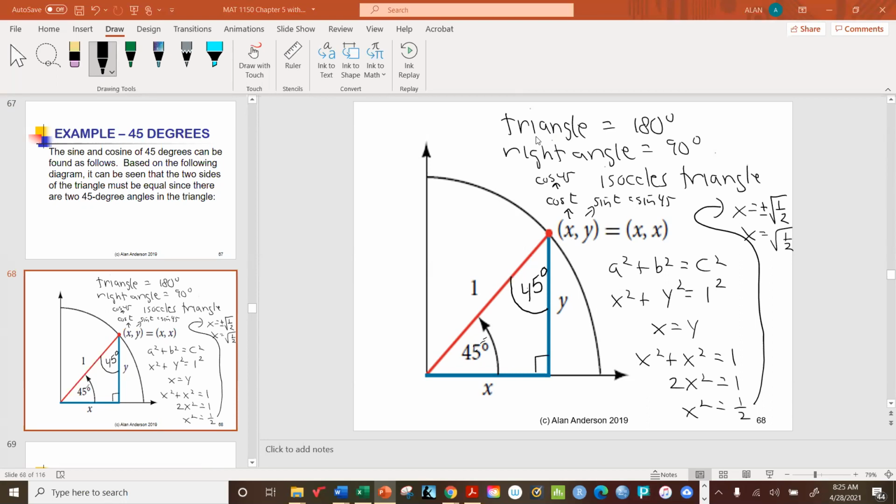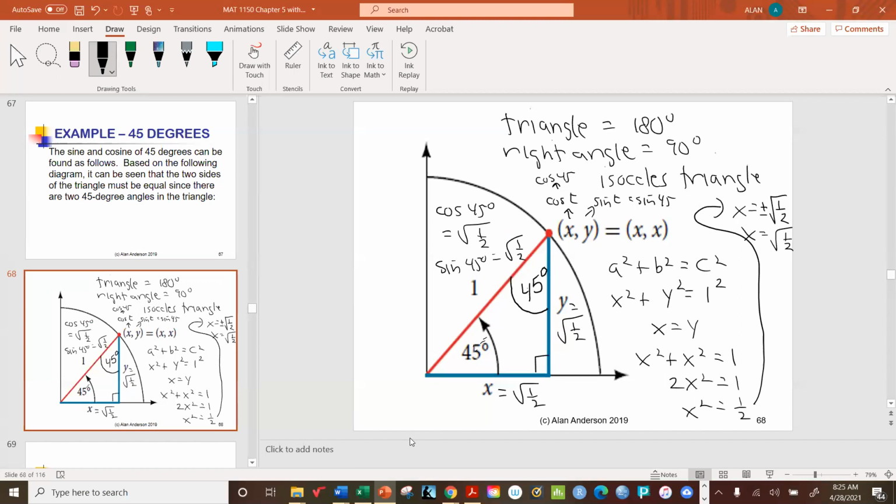Okay, so where's this all going? Well, that means that the cosine of 45 degrees equals radical 1/2, as does the sine. So in other words, this is radical 1/2, as is this one.